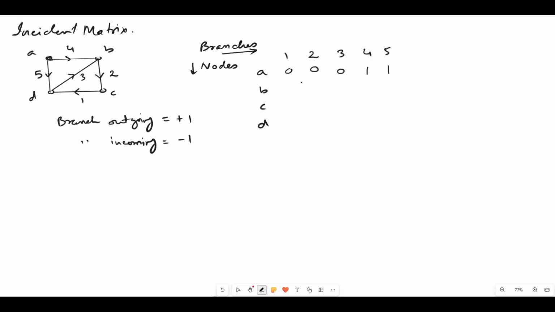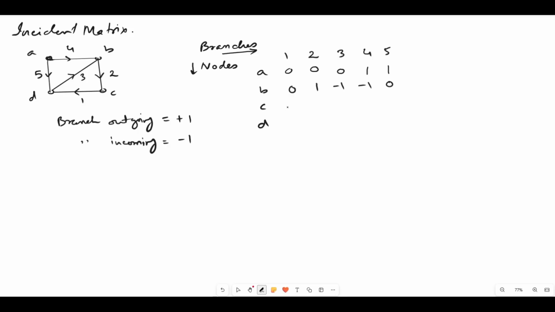Similarly, for B, we have 3 branches, 4, 3 and 2. For 2, it is moving out, so it will be plus. 3 is moving in, so it will be minus. Then 4 is moving in, so it will be minus. Then for the remaining, we do not have any values, so 0, 0.